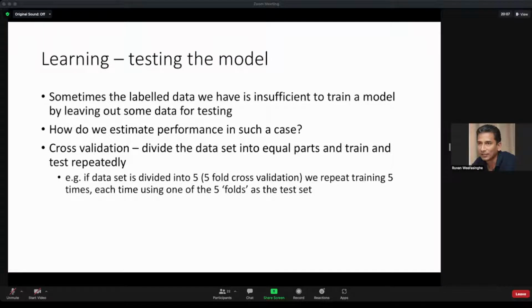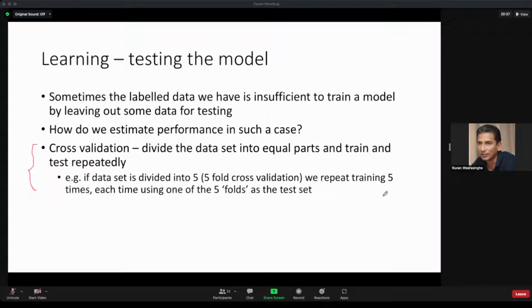There is another strategy that we can use, particularly when the number of data points is limited and we find it difficult to keep out some data for testing, and that is cross-validation, where we divide the data set into equal parts and train and test repeatedly, keeping one of those parts for testing, right?